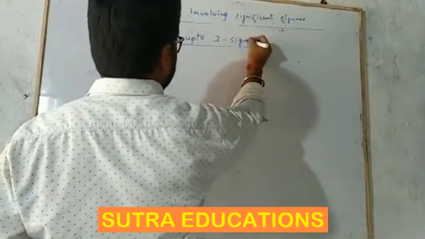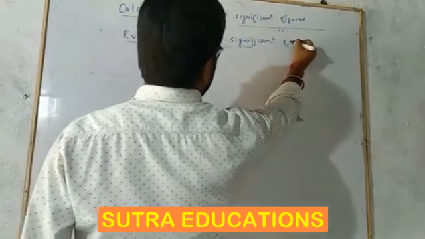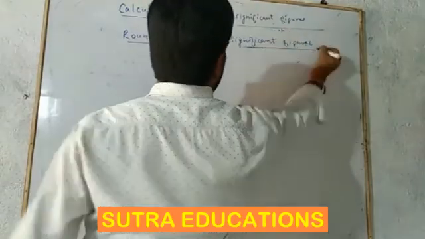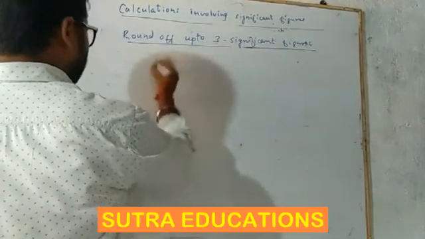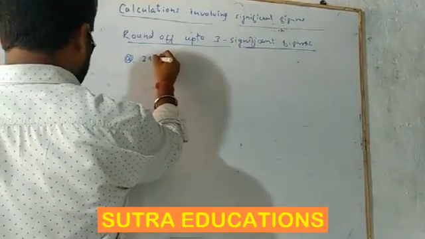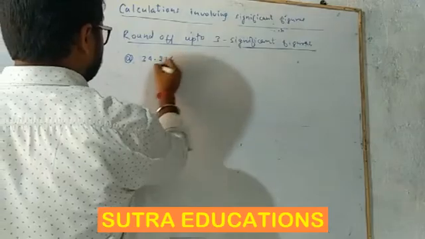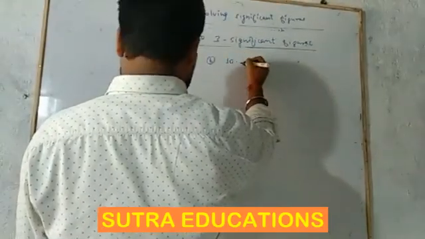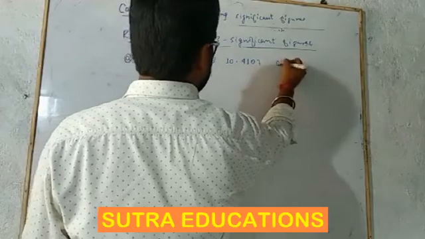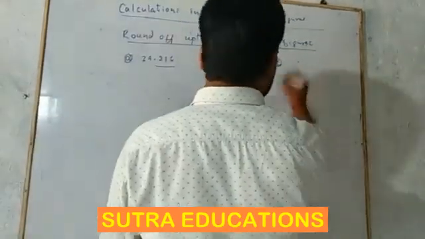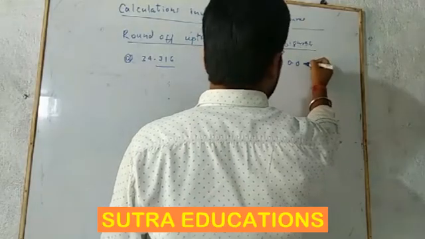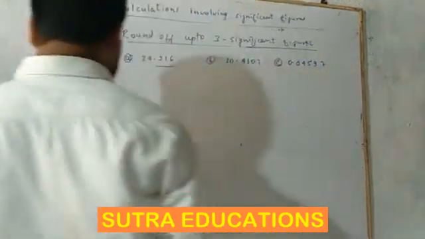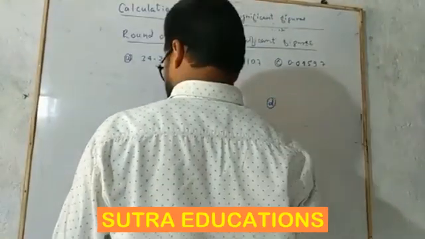The question is, A is 34.216, B is 10.4107, C is 0.045997, and D is 2.808.